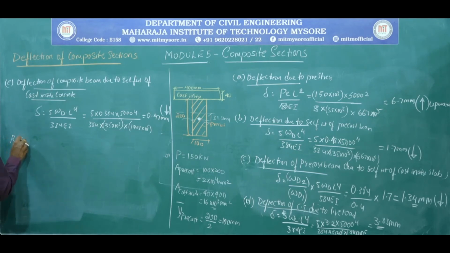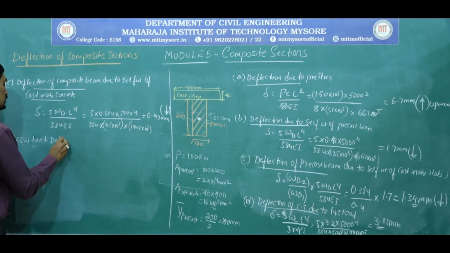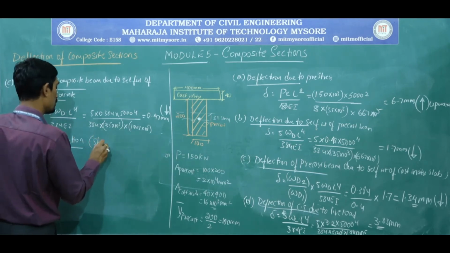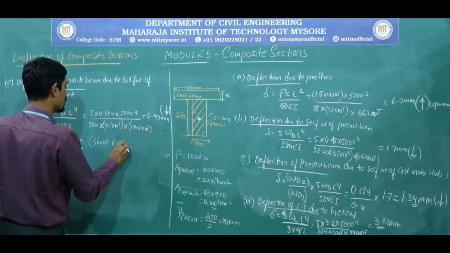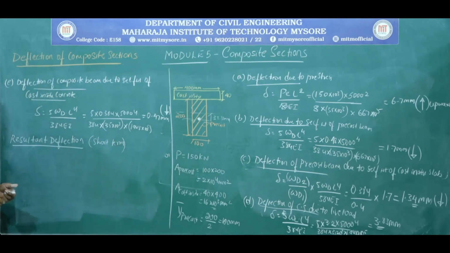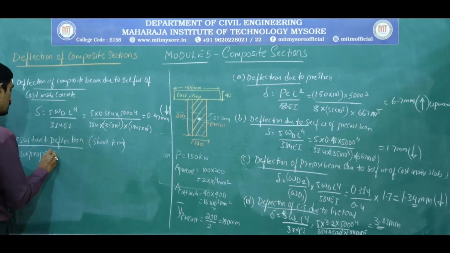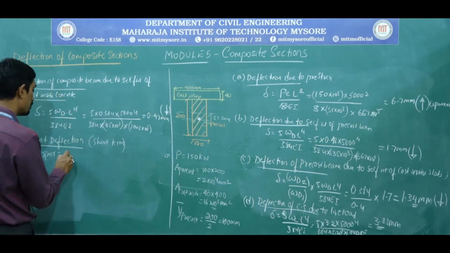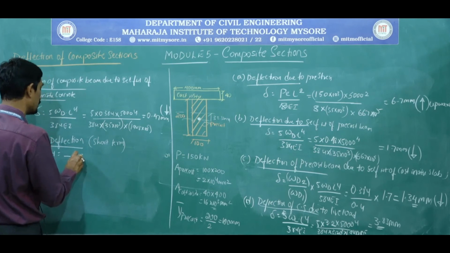So the last thing: resultant deflection, or short-term deflection. As I stated, for the unpropped case, the resultant deflection will be the deflection due to pre-stress, minus 6.7.